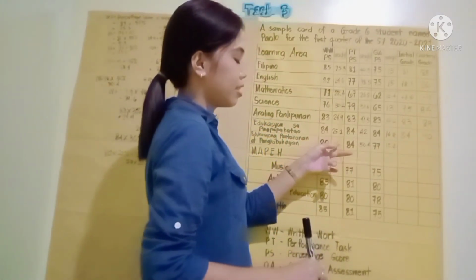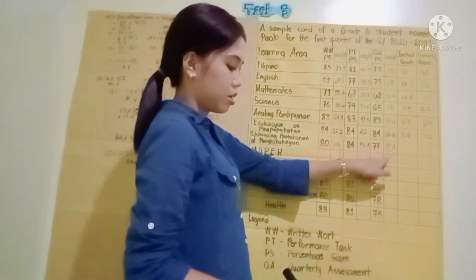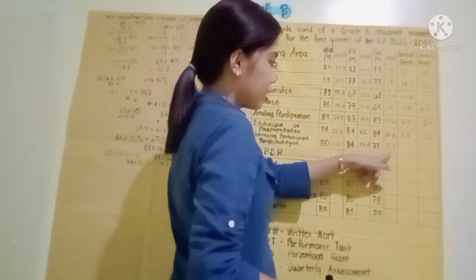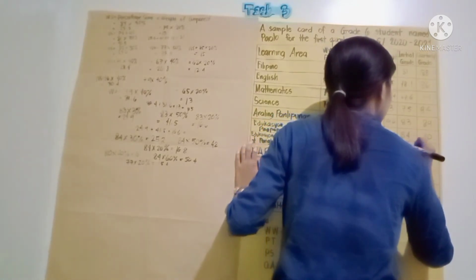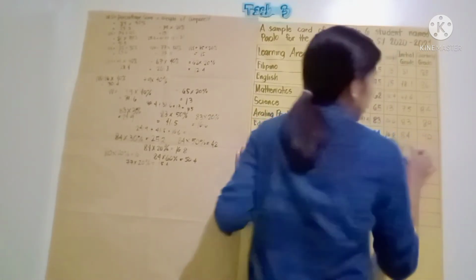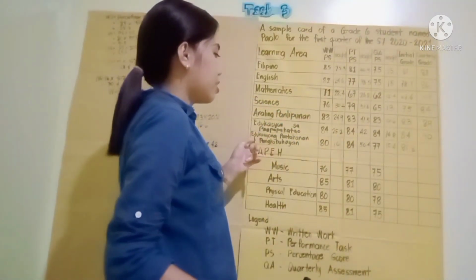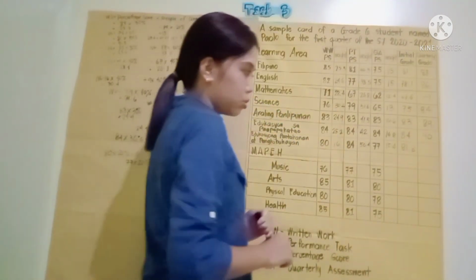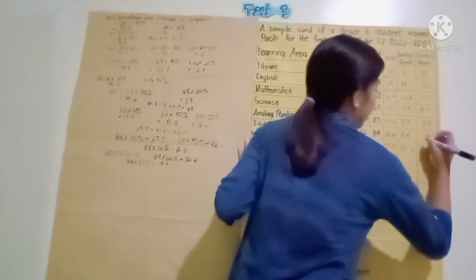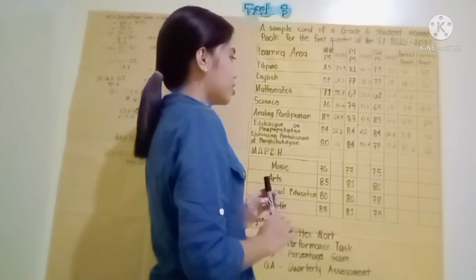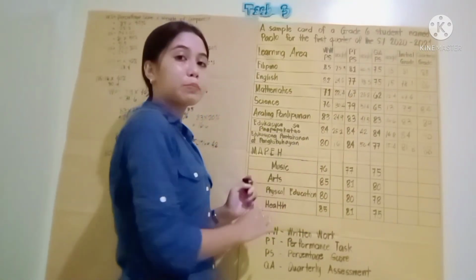So we add 16 plus 50.4 plus 15.4, which is equal to 81.8. 81.8 is the initial grade of Paulo in EPP. So the transmuted grade of 81.8 is 88, which is his quarterly grade in Edukasyong Pantahanan at Pangkabuhayan.